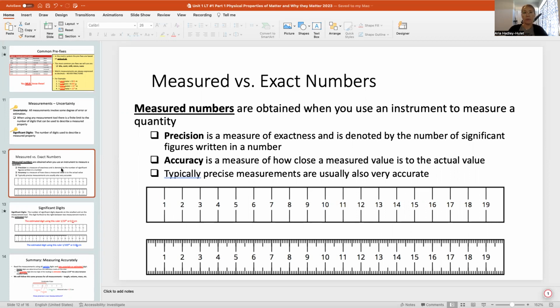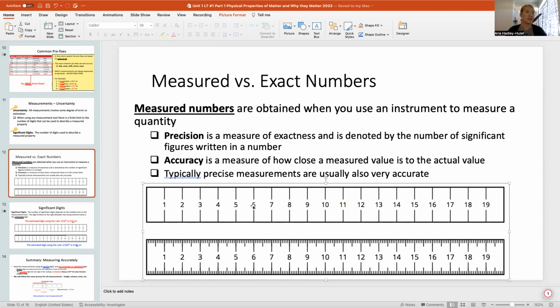And we need to be able to communicate that in any measurement that we take with these instruments. So as precision goes, human capability, what we're capable of, we can reasonably estimate to a tenth between calibration marks, or lines on a ruler or any kind of measurement device.